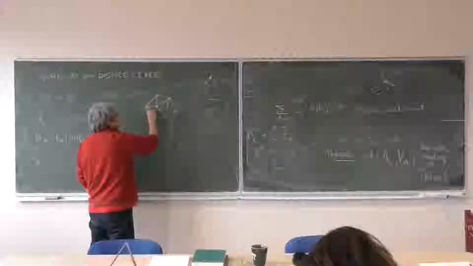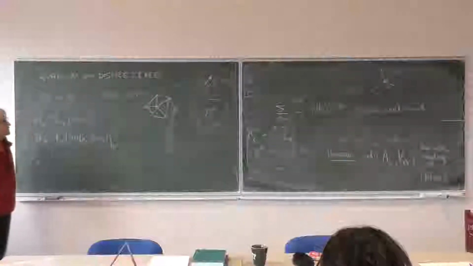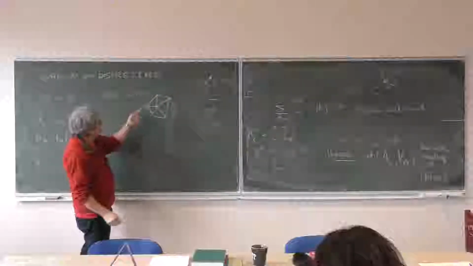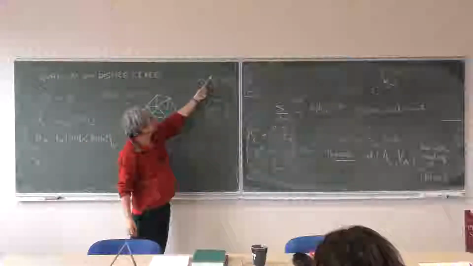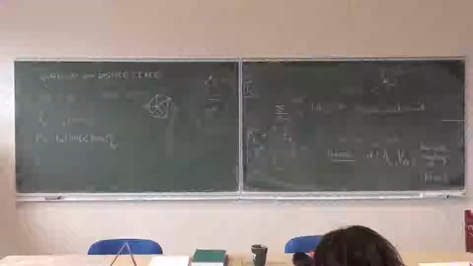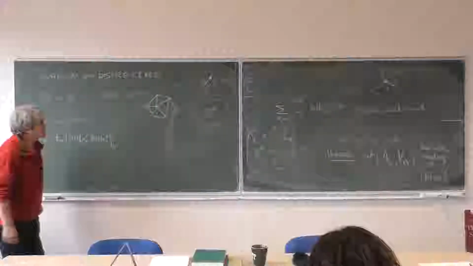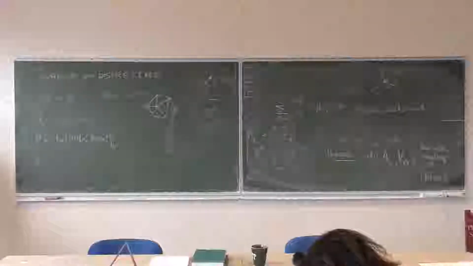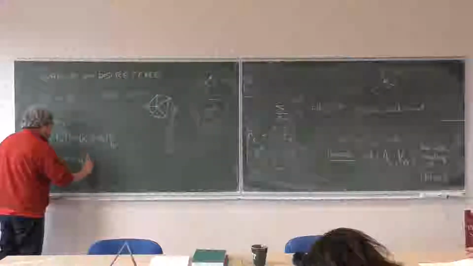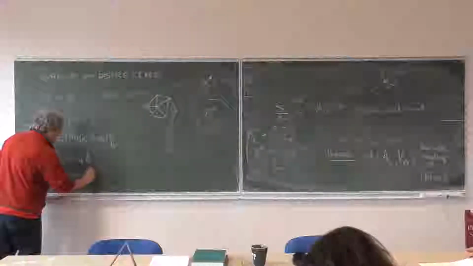Remember, the nodes are the tetrahedra, and the links are associated to the triangles. To each link there is an operator L, oriented, whose interpretation is the normal to the triangle with a length proportional to the area. So A is the square of its length, A_L is the area of the triangle, and V_L is the volume of the tetrahedron.